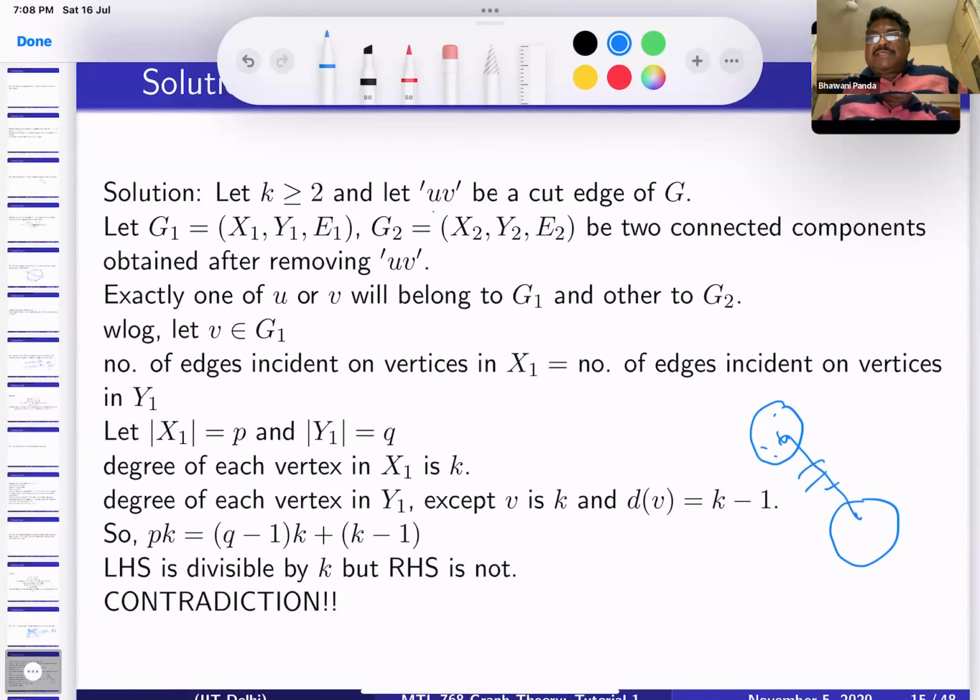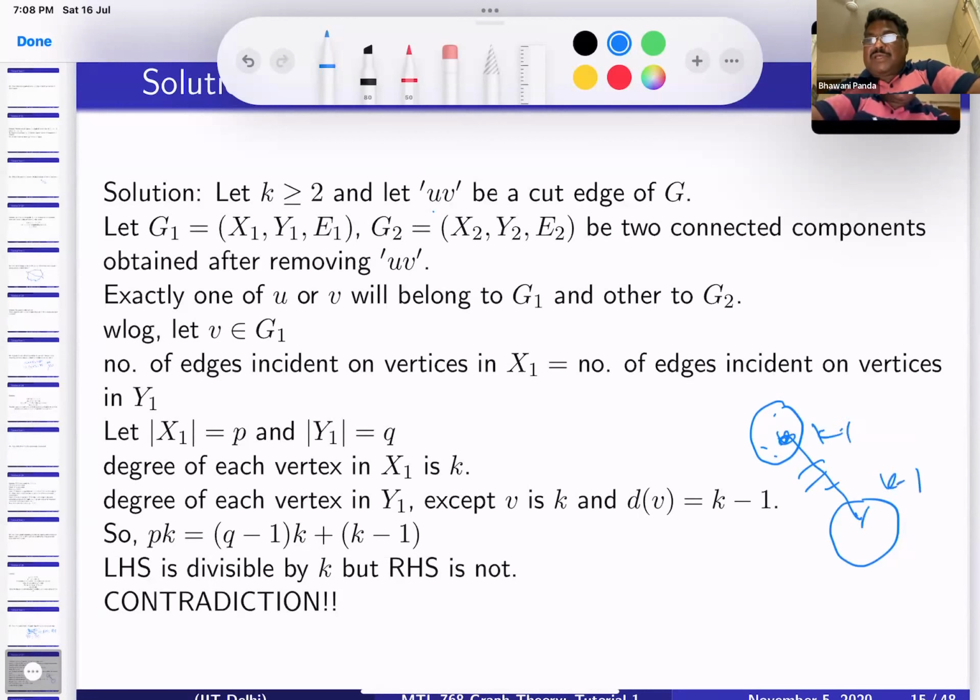So the number of edges incident on the vertices in X1 is equal to the number of edges incident on the vertices in Y1. The degree of each vertex in X1 is K, except this particular vertex, whose degree is K minus 1.